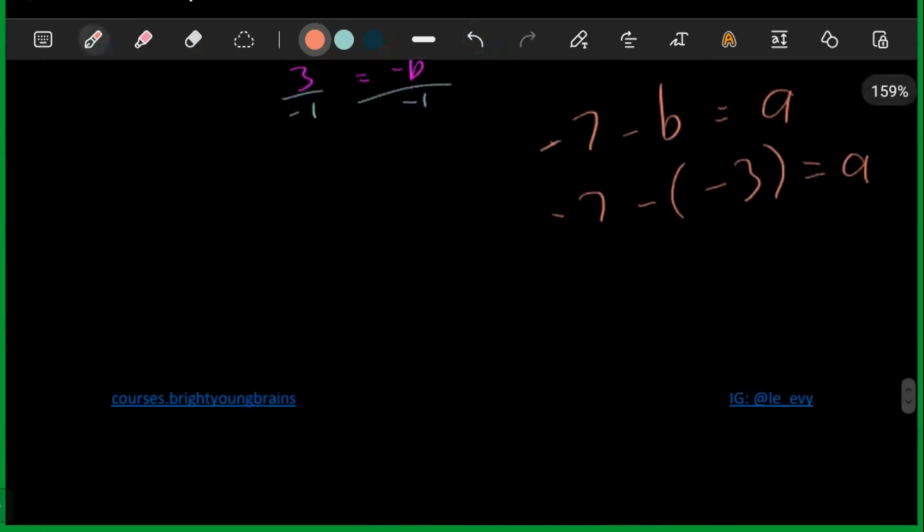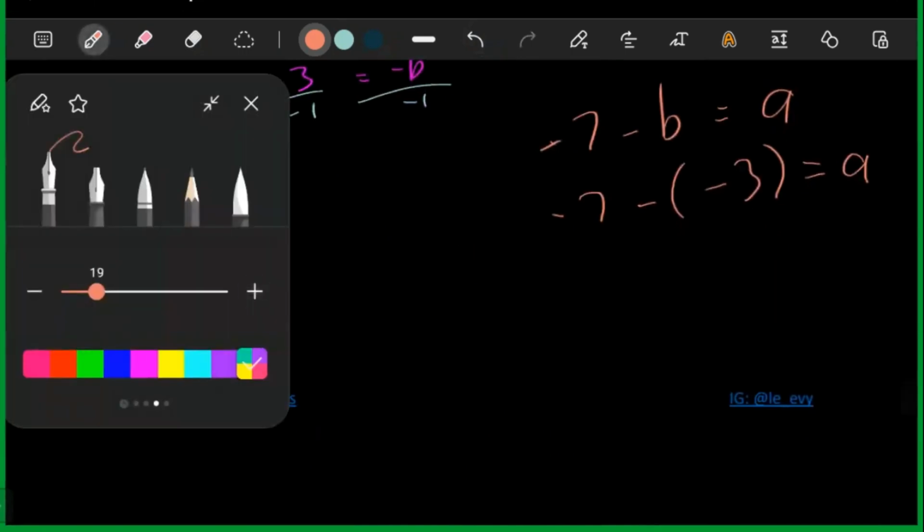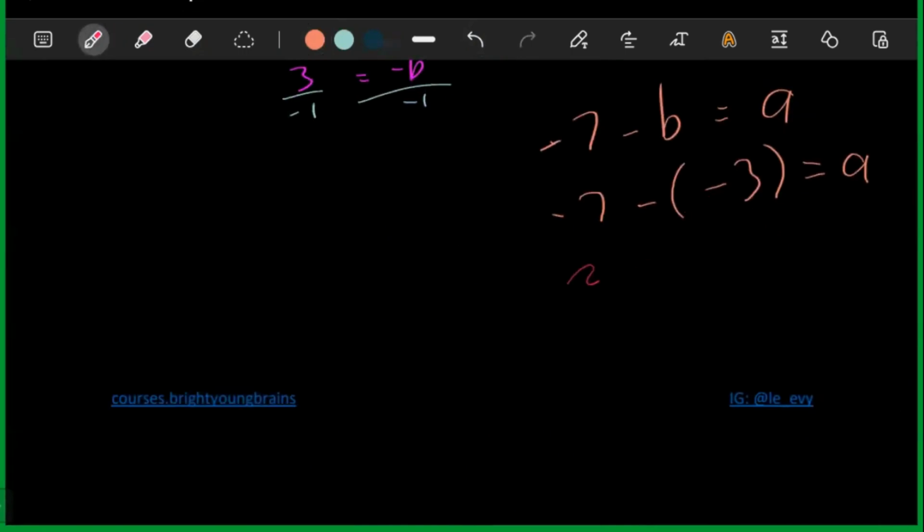Negative 7 plus 3 is like what? Negative 4. Yep, that's what it is. It's negative 3 and negative 4. Those answers definitely look accurate. So we can definitely move on to the next question.